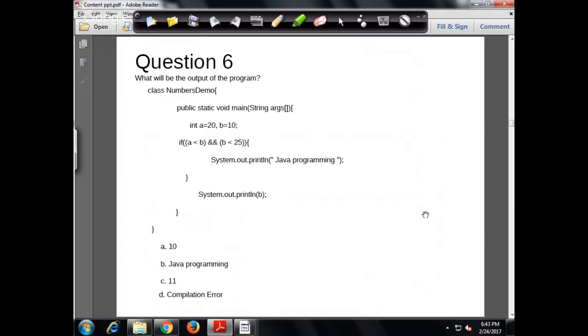Question number 6. Okay, for this next question, Rosa has answered A, Pramod has answered A, Rohan, everyone says A. Okay, for the others who have not yet answered, I'm going to show you the tip.